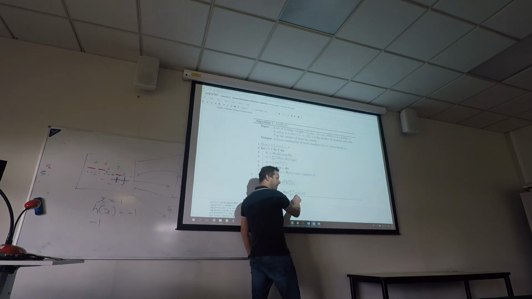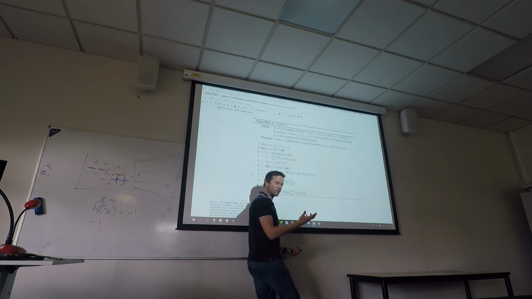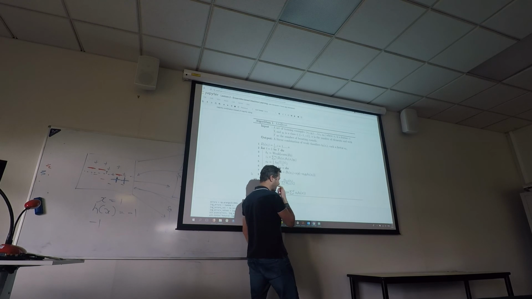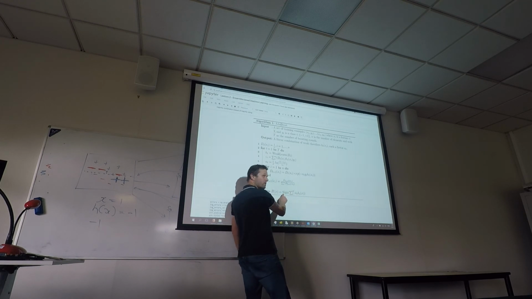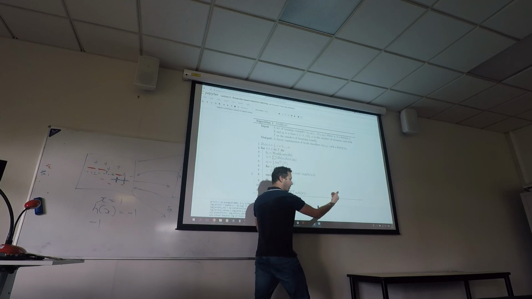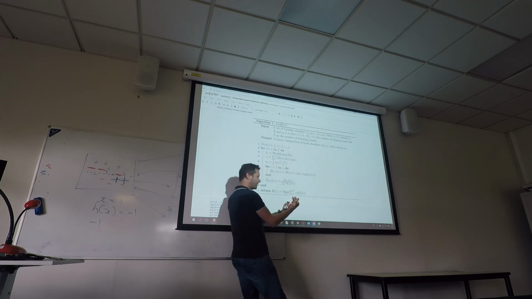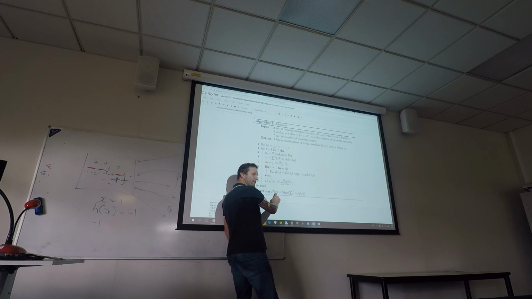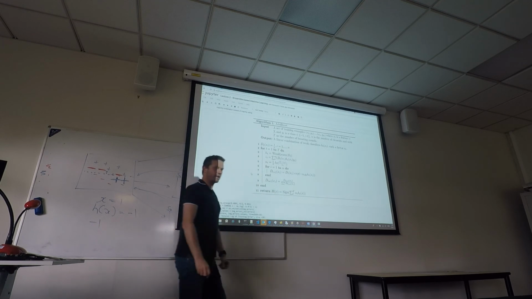We times it by the alpha, the confidence of h at that iteration t, and we sum up all the alphas essentially, because this is just returning a sign, -1 or +1. And what we do is we take the sign of that final sum. If the sum is positive, then the classification is positive. If the sum is negative, then the classification is negative. And that's the final classification for x when we apply the strong classifier.